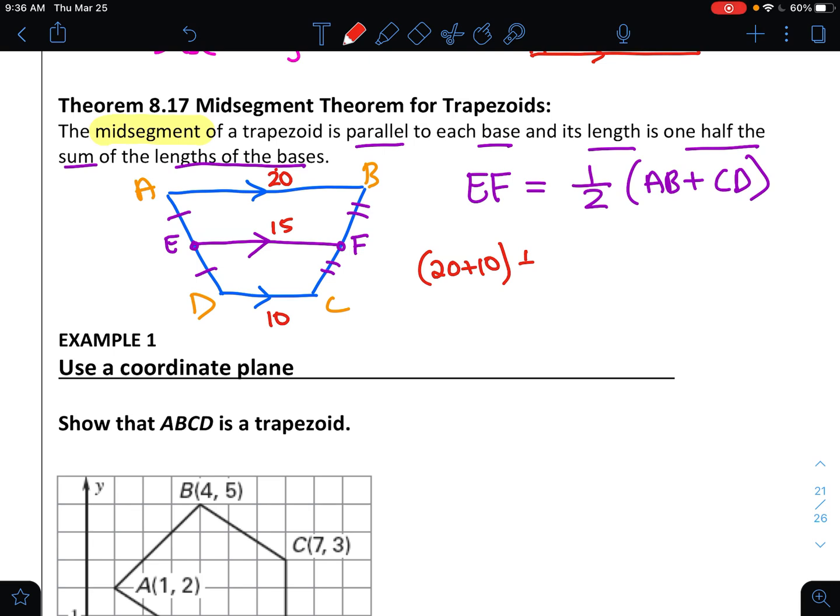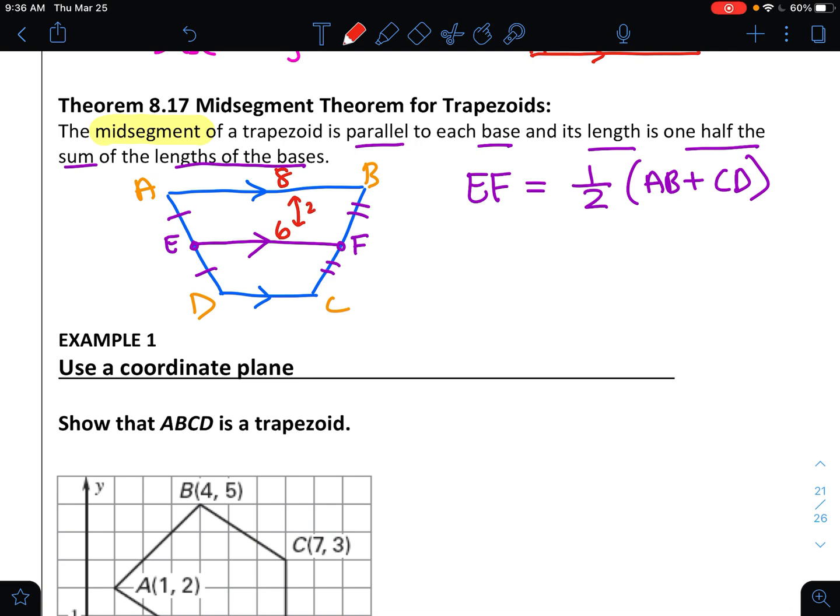Now, we are going to need to do that formula when we're dealing with variables. Okay, so let me back up here. Let's say we know that the middle is, let me think here, 6, and I know that AB is 8. Well, how long is CD?